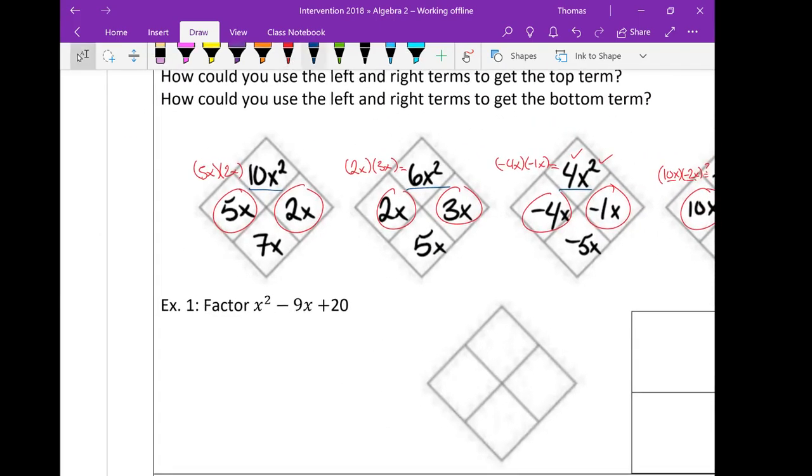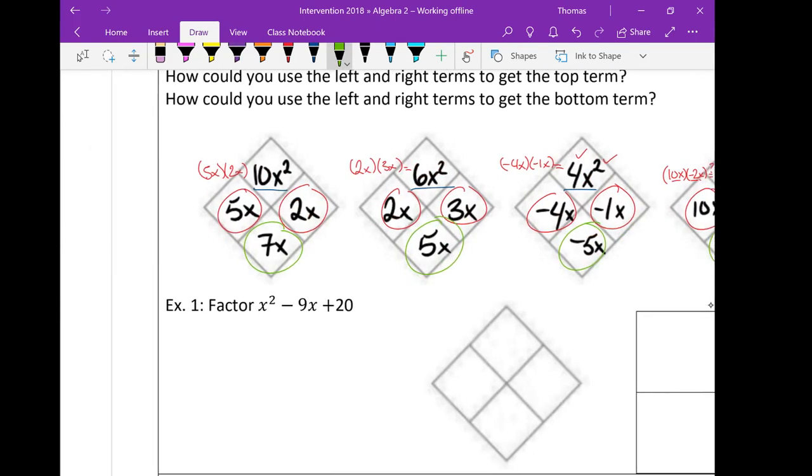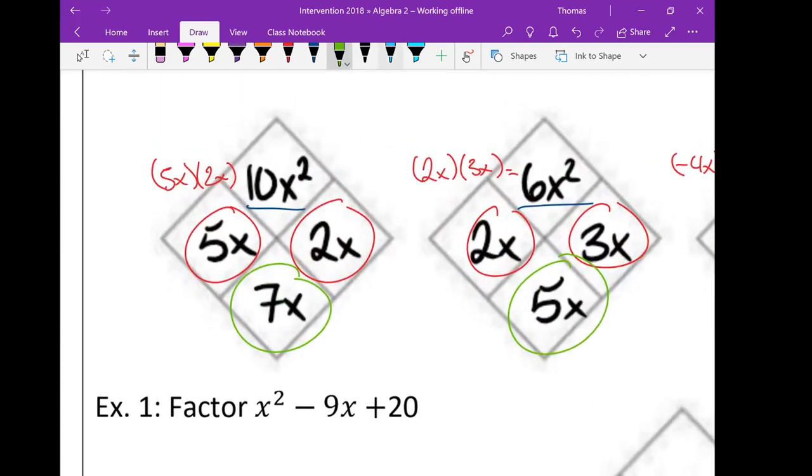Then let's see what we can do to get the bottom. If we have 5x and 2x to make 7, 2 and 3 to make 5, negative 4 and negative 1 to make negative 5, and 10 and negative 2 to make 8. Well, our x term's not changing. If we have x, it ends up an x, so I don't think we're multiplying or dividing.